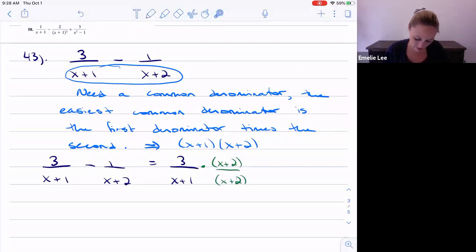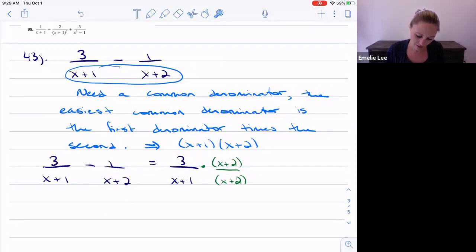So remember again, when I'm working on this first term, I glance over at the next term and make that my easy value of 1. X plus 2 over x plus 2 is 1, so I'm technically multiplying by 1, which I'm allowed to do.